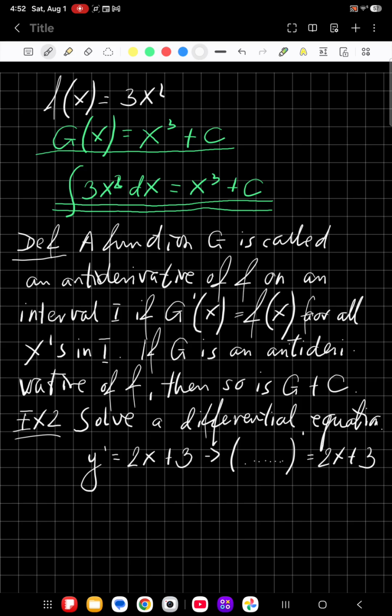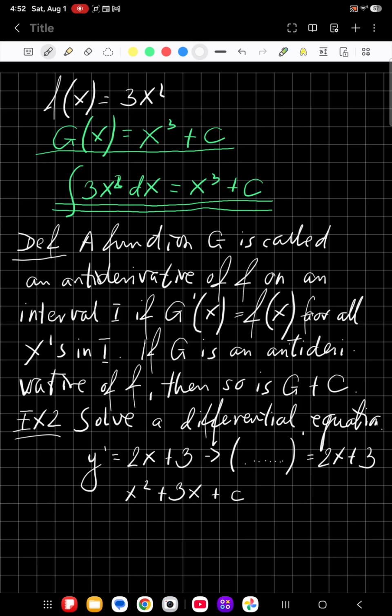Well, that will be x squared. If I took a derivative of x squared, I would get 2x. Then the next term is 3. To get 3, I take a derivative of 3x. And then, of course, I have that c.